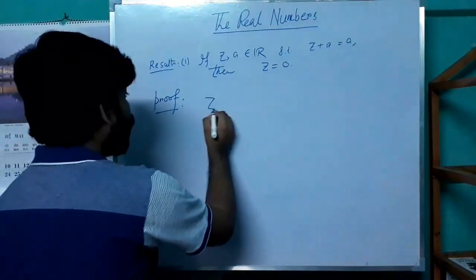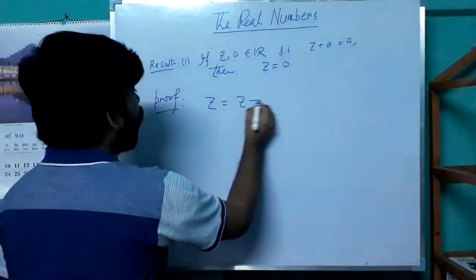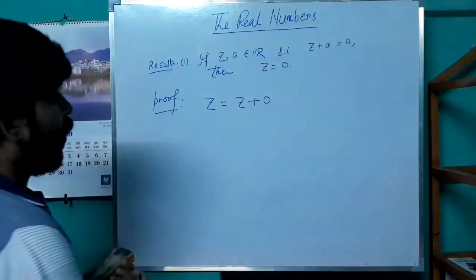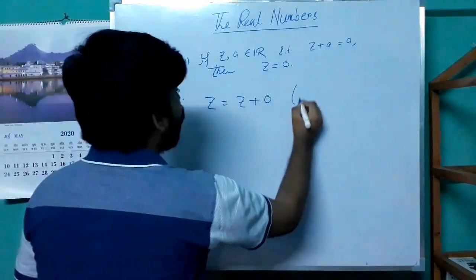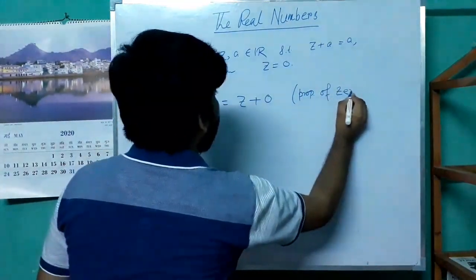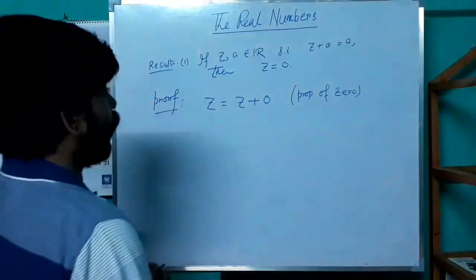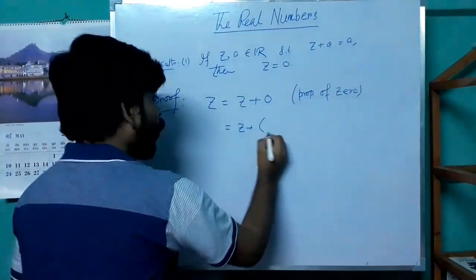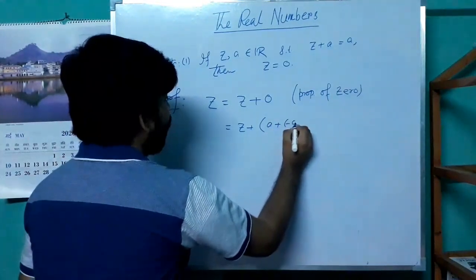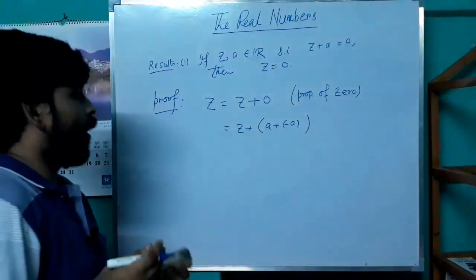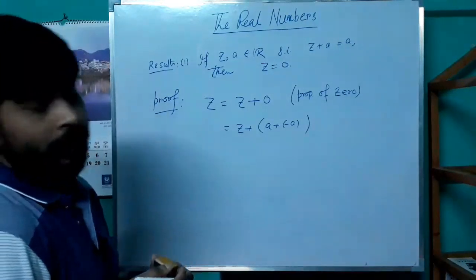By the properties of 0 we can write Z equal to Z plus 0. These are the properties of 0. Now we can write 0 equal to A plus minus A. Now we apply the associative property.